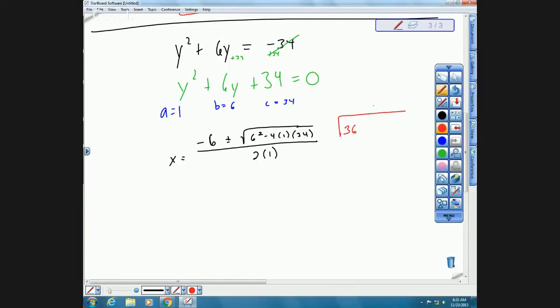So 6 squared is 36. 4 times 1 times 34 would be negative 136. Somebody better double check that. I bet it is negative 136.